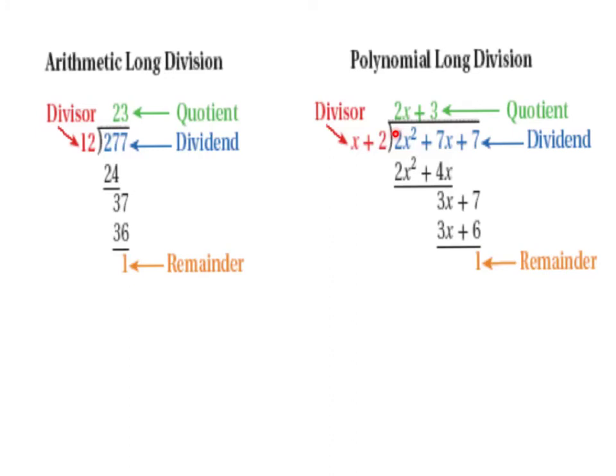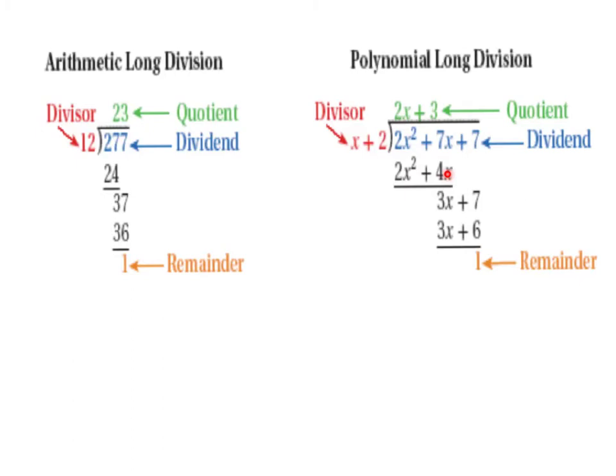So we ask ourselves, what times x will give us 2x squared? Well, x times what gives us 2x squared? Well, 2x. So I'm going to put that 2x right there. Then you're going to take 2x, and you're going to multiply it times this x, and you're going to put that right here. Then you're going to take that 2x times 2, and you're going to put that right there.